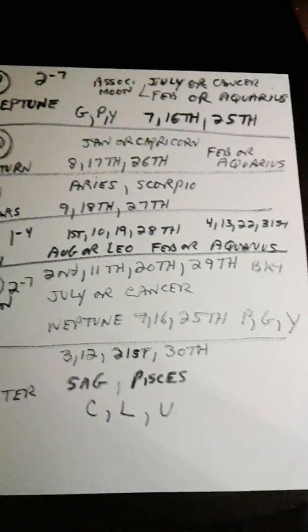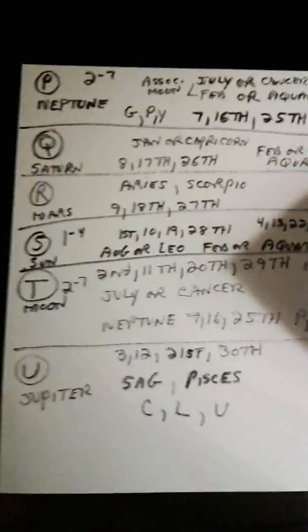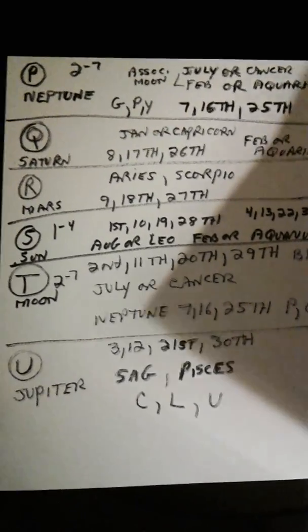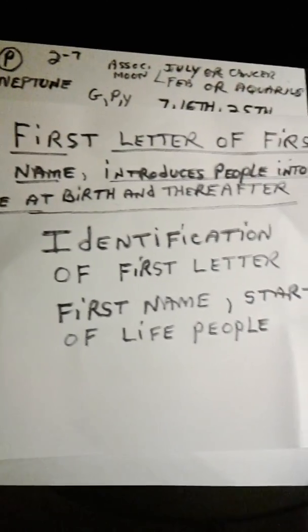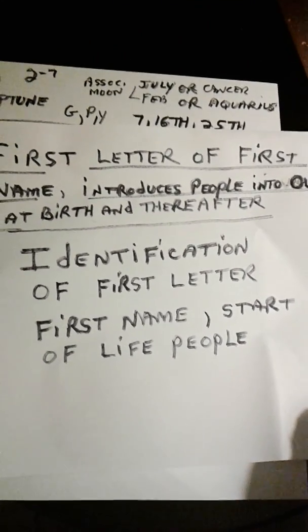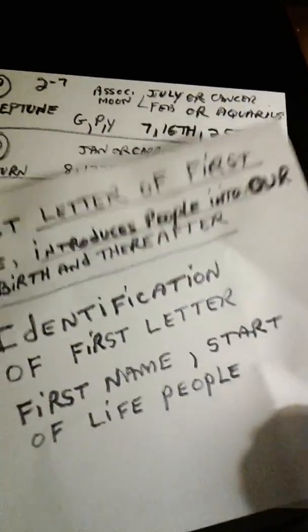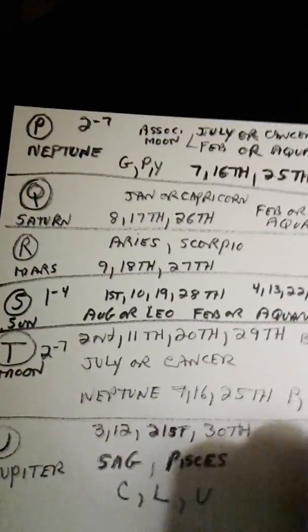And those are the people that come into our life, the characters, the family, the mother, the father, the sisters, the brothers, the aunt, etc. So we're talking about the first letter of the first name introduces people into our life at birth and thereafter. And the identification of the first letter of the first name is the start of somebody's introduction with people.